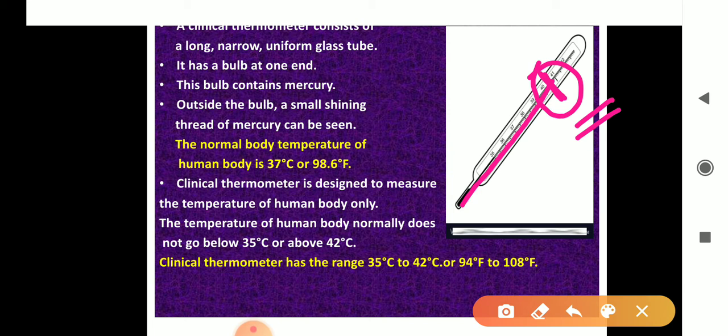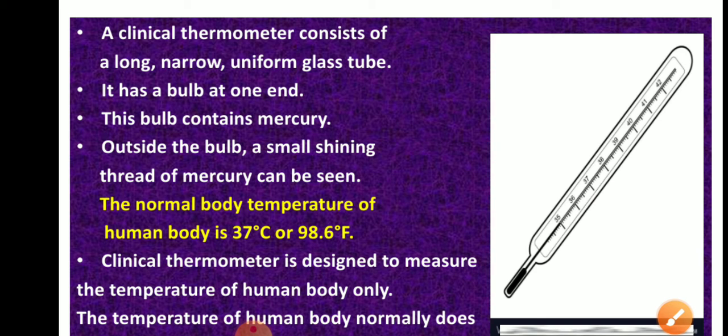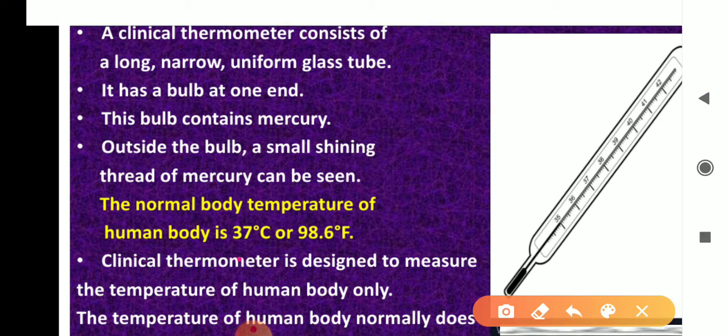Is it clear? Okay, then see, the normal body temperature of the human body is 37 degree centigrade, and in Fahrenheit it is 98.6 degree Fahrenheit. Whenever it is asked what is the normal temperature of the human body when a human is totally healthy, then the temperature is 37 degree centigrade.